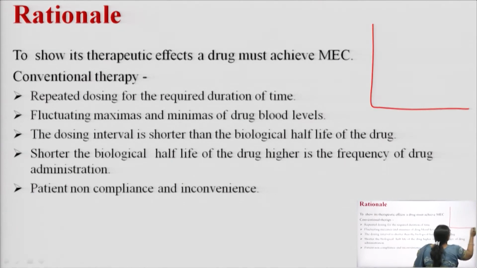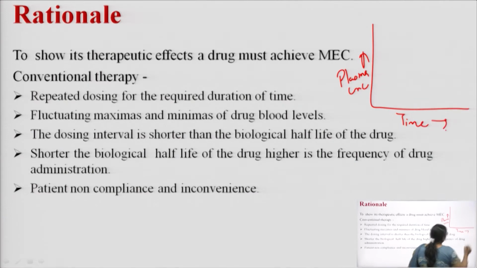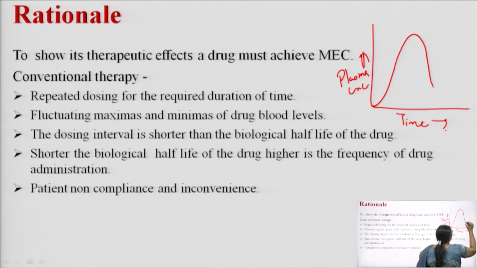So, if we plot a plasma concentration versus time graph of a drug for a single conventional dose, the graph looks something like this.